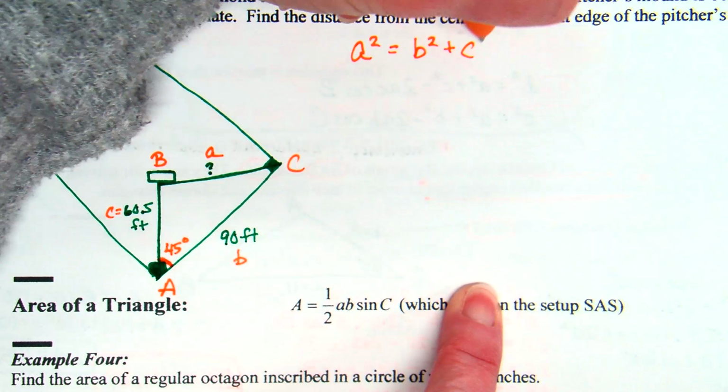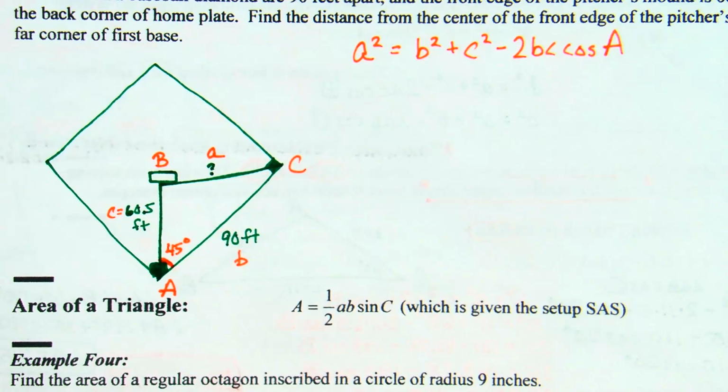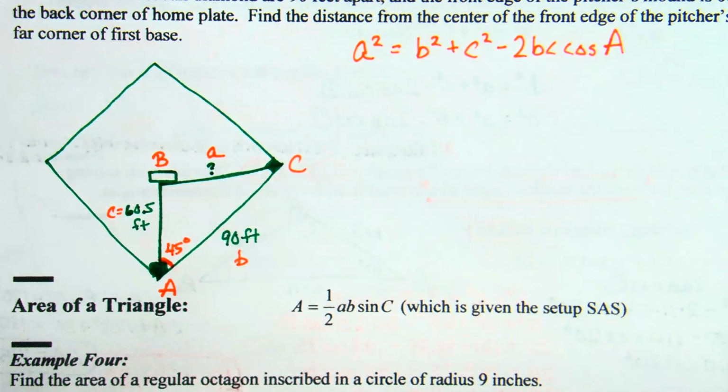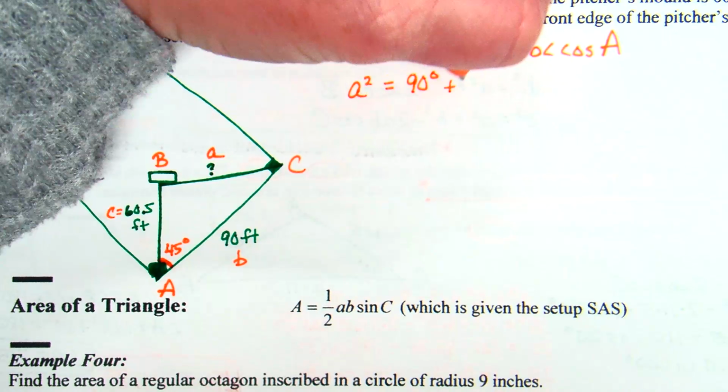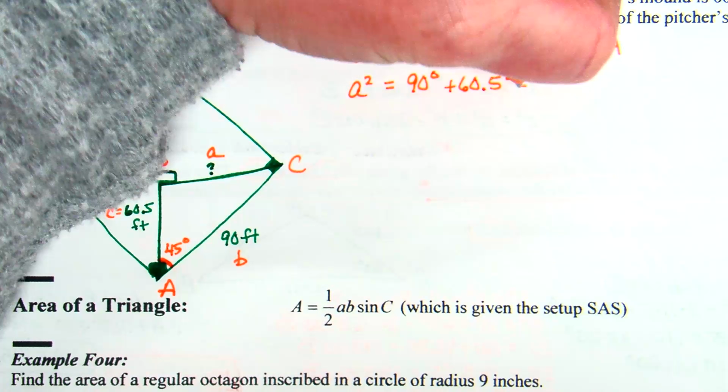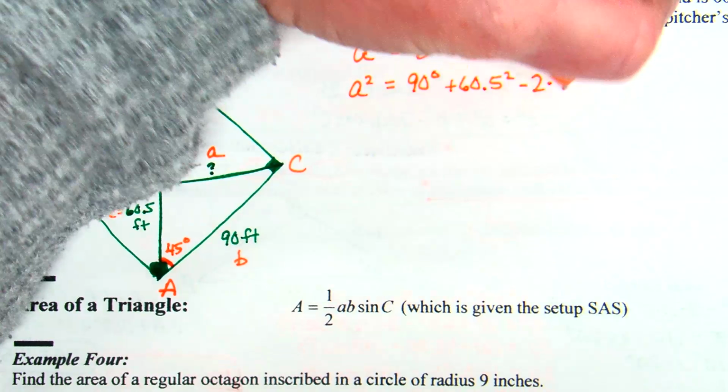A squared equals b squared plus c squared minus 2bc cosine of angle A. A squared is equal to 90 squared plus 60.5 squared minus 2 times 90 times 60.5 cosine of 45 degrees.